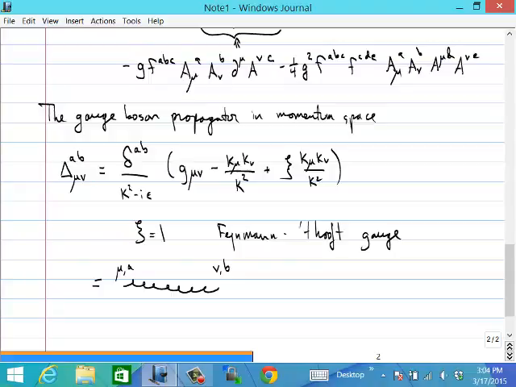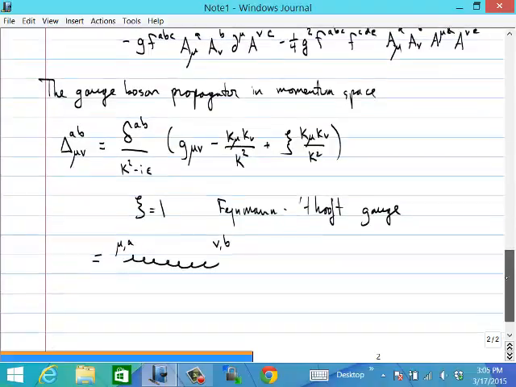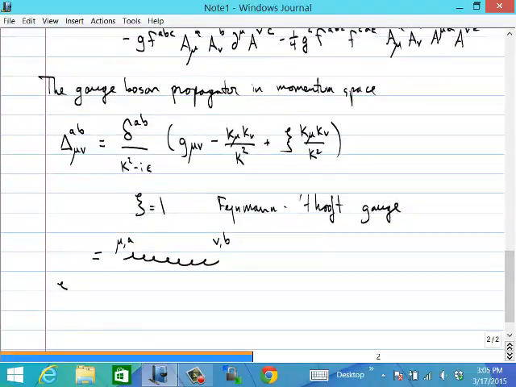Now, how about the three-point interaction? Well, the three-point interaction comes from this term right here. This guy is now labeled by 6 indices, a Lorentz index and a gauge theory index for each endpoint.